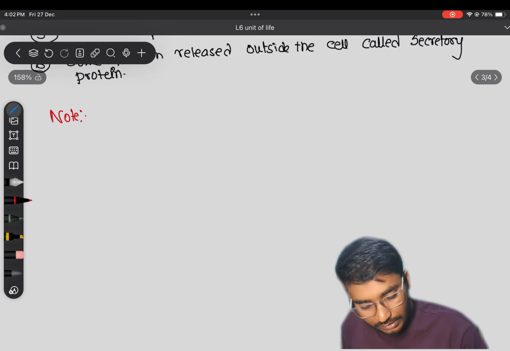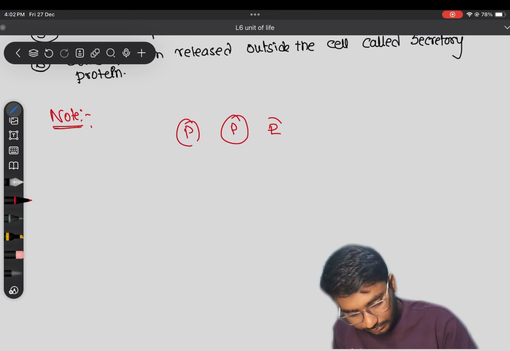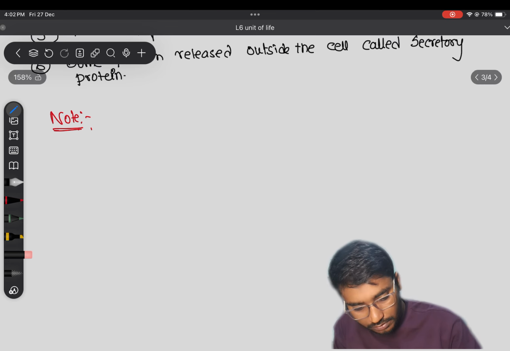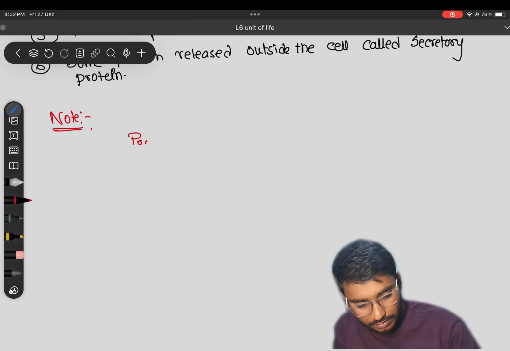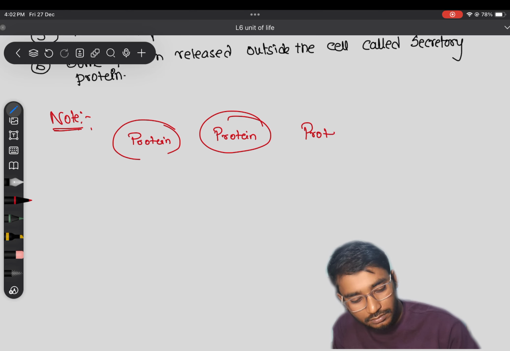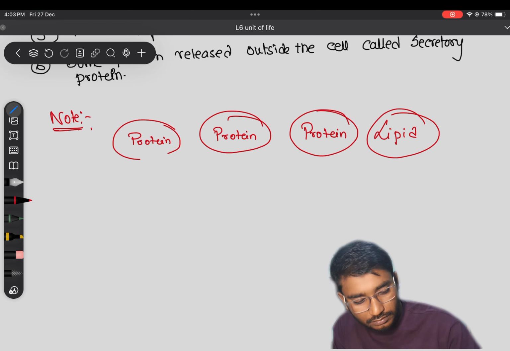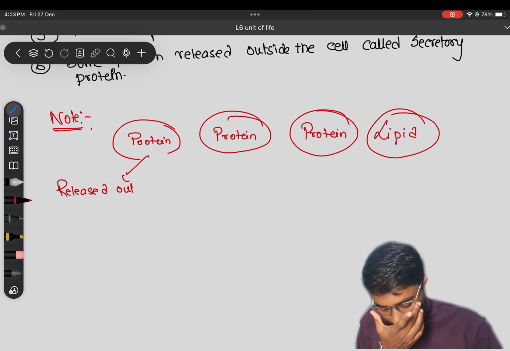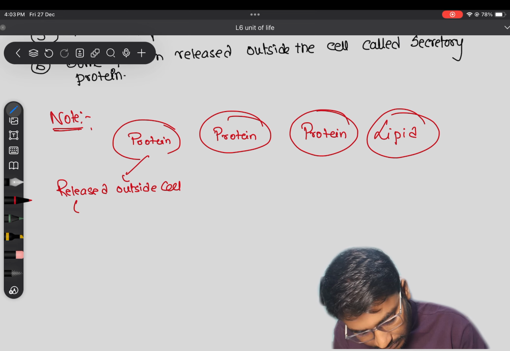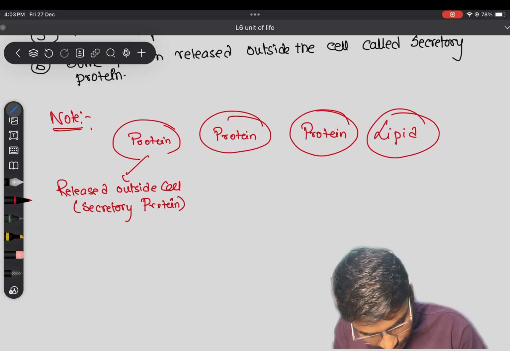Now note, it is very important, it should be remembered. Note: what is it? Protein, lipid. So here released outside cell, secretory protein.